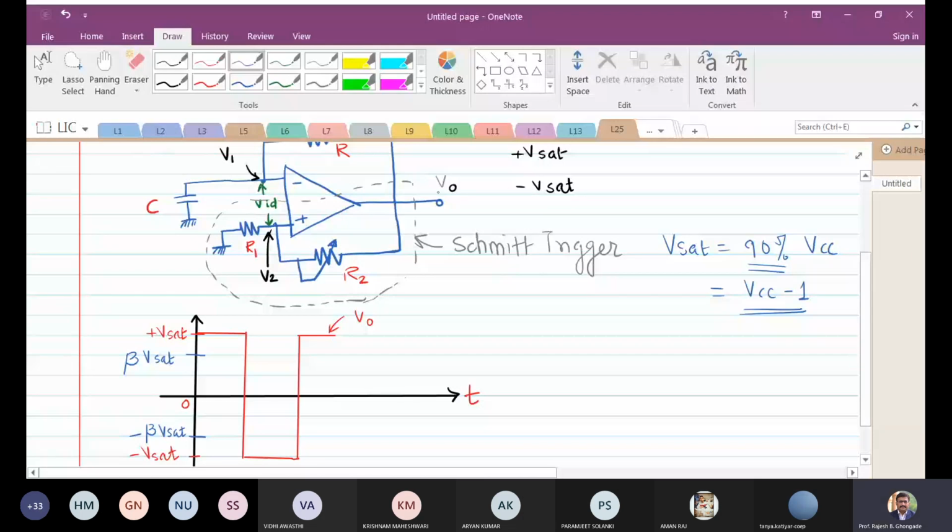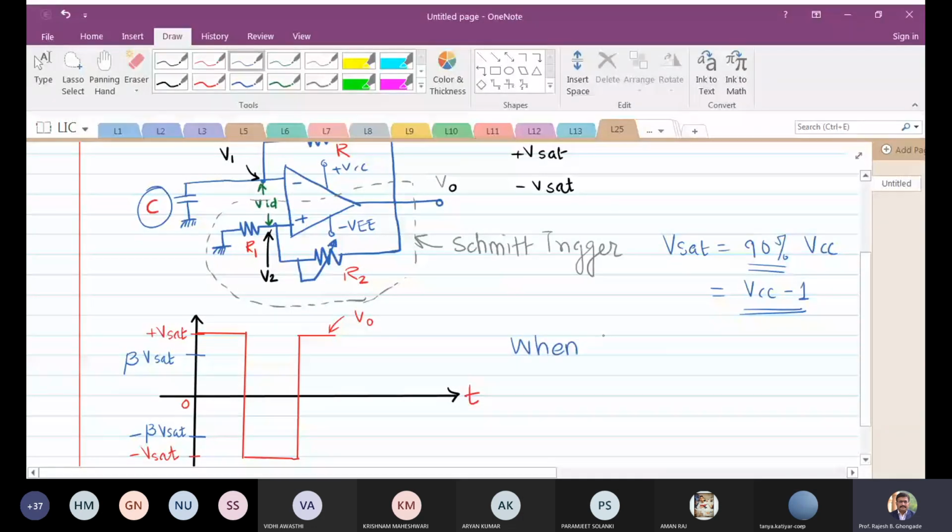Let us say at the start, the voltage across C is 0. So the voltage across this capacitor is 0 when we are applying the voltage, that is your supply. This is your plus VCC and this is the minus VEE. As soon as you apply the voltage, let us assume that the voltage across the capacitor is 0. So what is the voltage at the inverting terminal? What is V1?